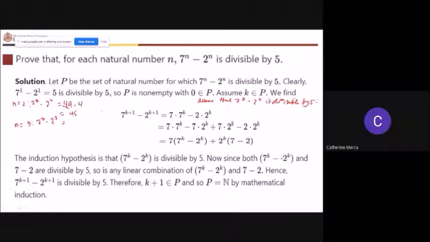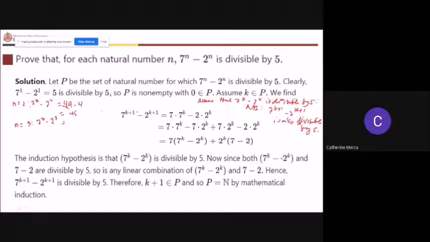We need to show that 7 to the k plus 1 minus 2 to the k plus 1 is also divisible by 5.